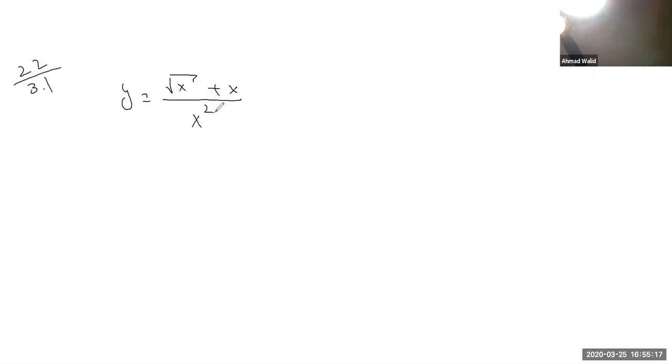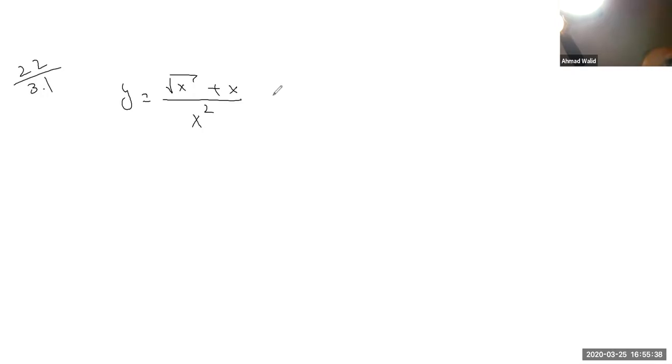I don't know the quotient rule yet. If I knew the quotient rule, it's really easy. And also, if I go that way, I need the chain rule, which I don't know yet. Then how do we simplify this problem to just addition and subtraction?